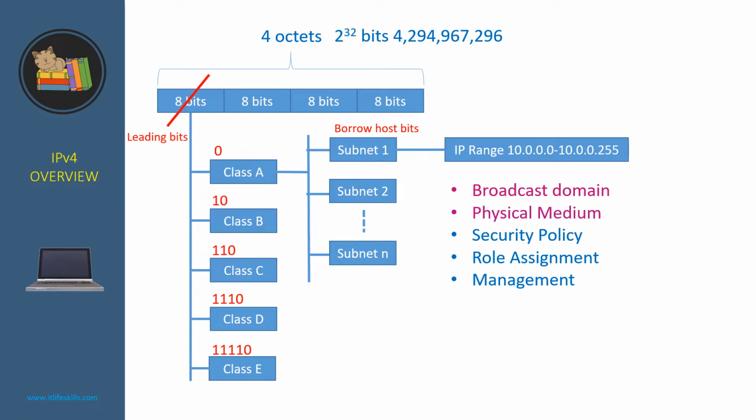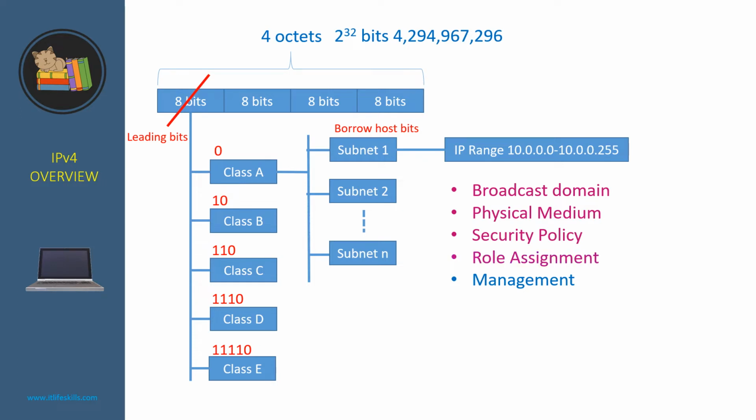Physical medium. An enterprise network usually consists of several types of network cables to connect multiple locations, which require different subnets. Security policy. We can easily set up a security policy to allow some sets of devices to access certain resources if they are in the same subnet.